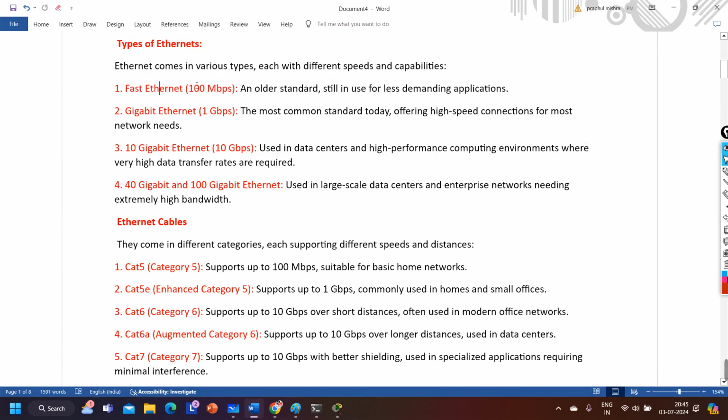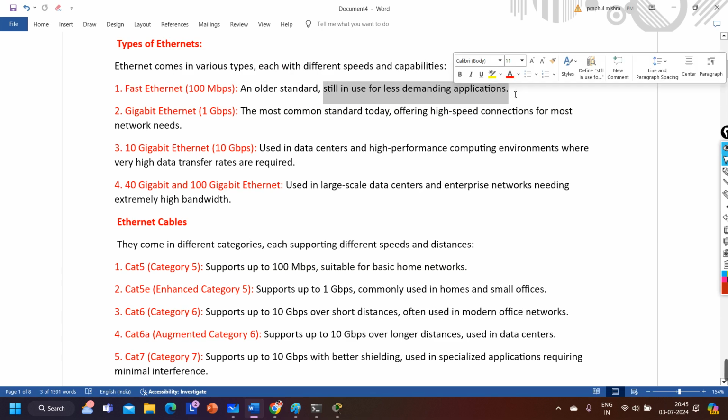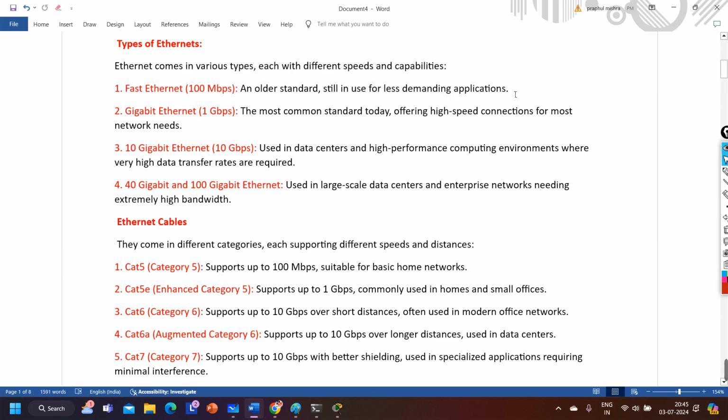If I am using Ethernet cable, then I will get 10 Mbps bandwidth. Then we have Fast Ethernet with 100 Mbps bandwidth, an older standard but still in use for less demanding applications. Let's say you have very little traffic on a specific server. In that scenario, we are using these types of interfaces, Ethernet and Fast Ethernet.